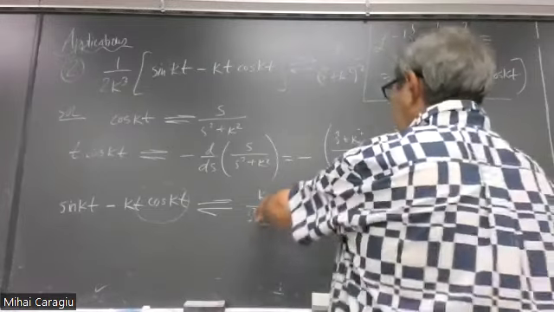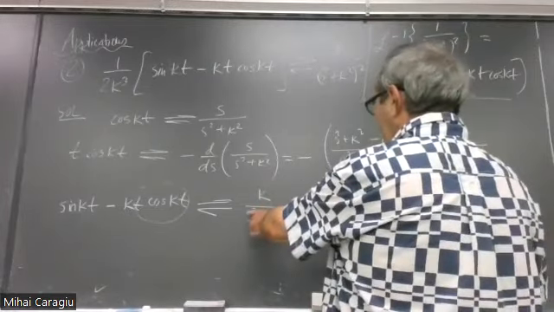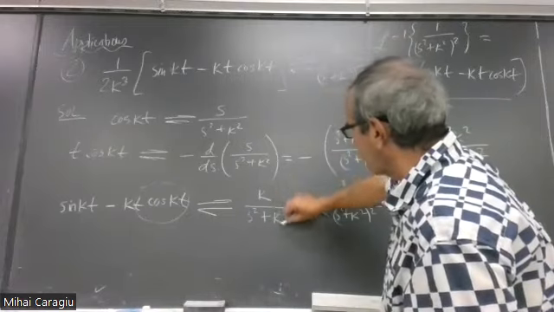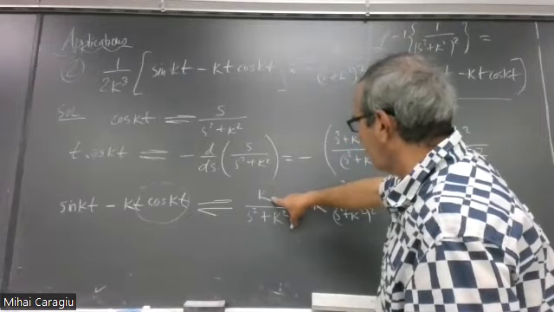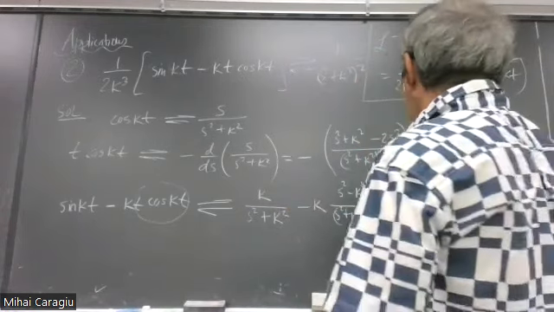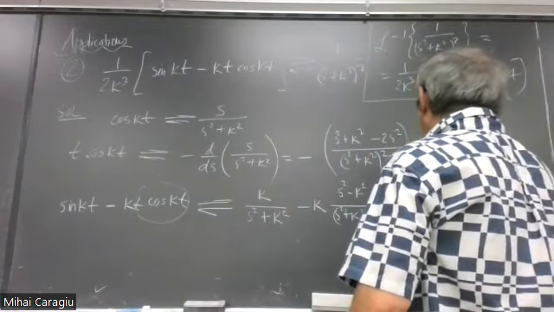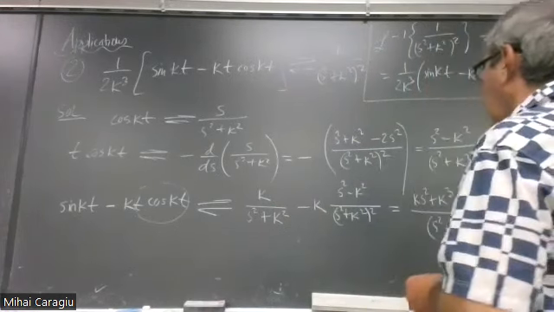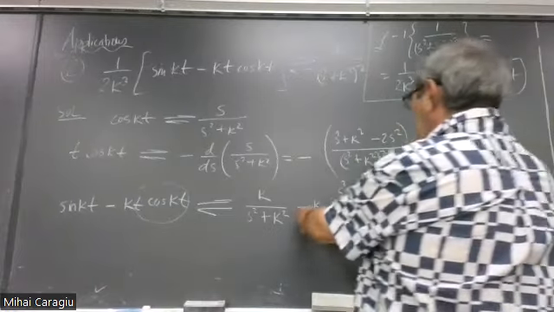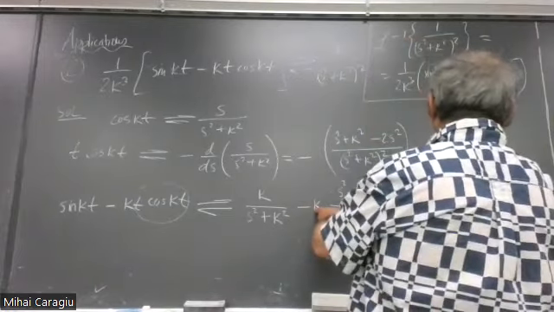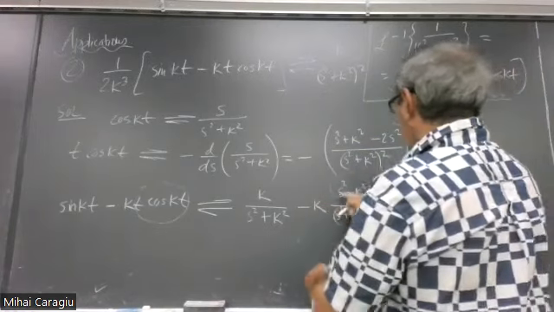And what do we get here? k times a squared plus a squared. So multiply this k, multiply the top and the bottom by a squared plus k squared. So that amounts to multiplying at the top by a squared plus k squared. So k squared plus k cubed. Minus, if you multiply by minus k times what we have here, minus k squared.